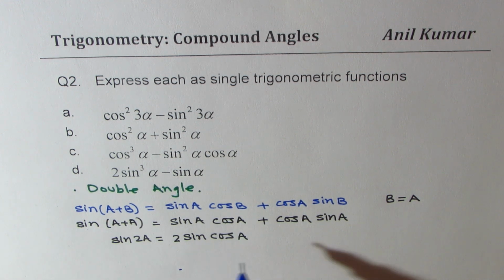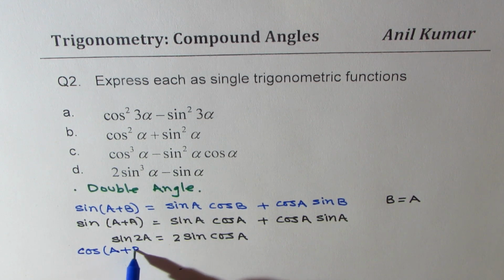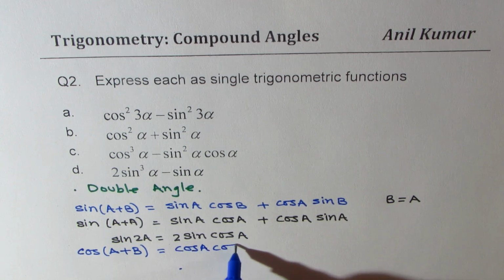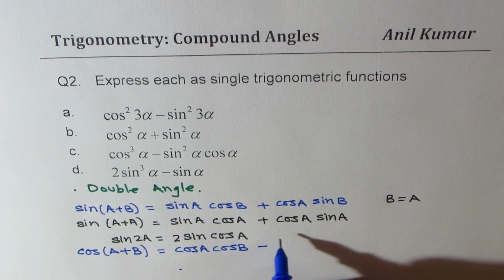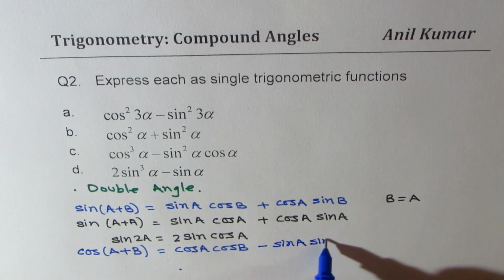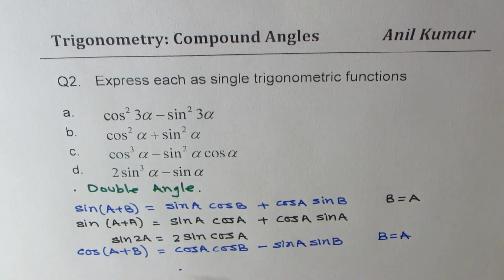Now similar operations can be done with cosine also. So let's see this. If I have cos of A plus B, the formula is cos A cos B, but we have minus here, right? Minus sine A sine B. Now if I do B equals A, then what do we get?